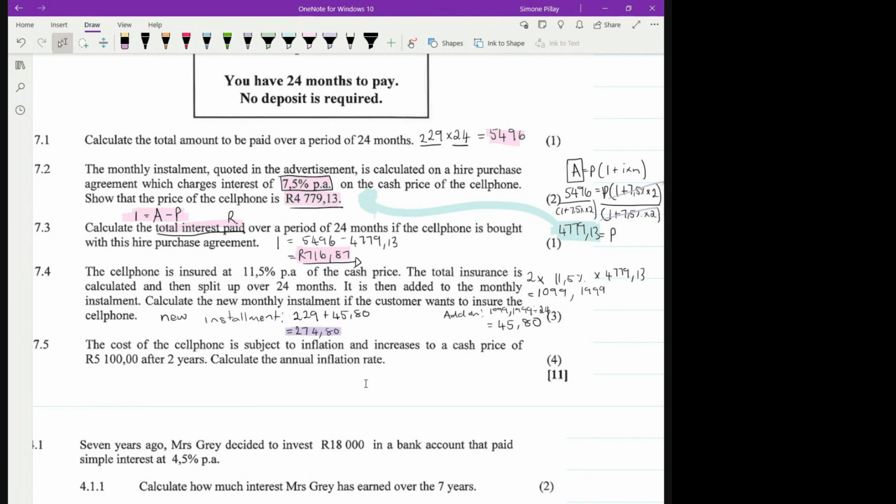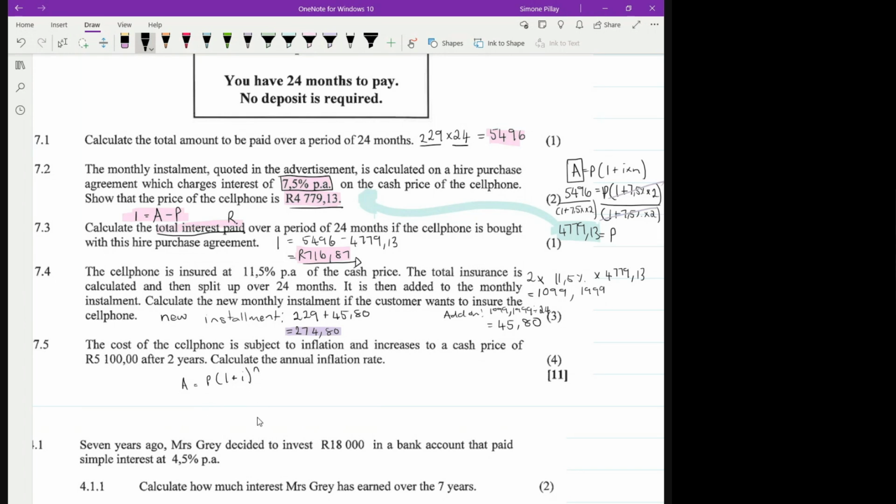Compound. Compound interest, 100%. So I'm going to put in my compound interest formula. And again, because it's inflation, whenever I see an inflation question, I know I don't have to worry about my M values. So A is equal to P, 1 plus i, exponent of n.